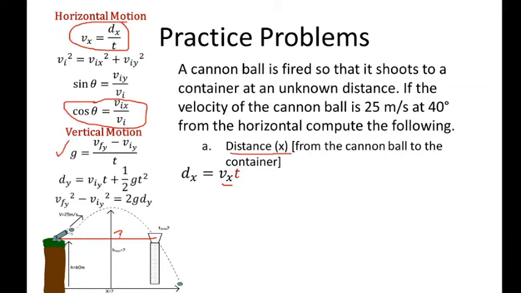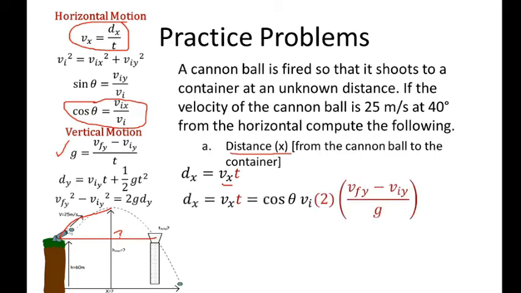However, the time you get from here is only from the starting point to the highest point. So you need to multiply your answer for time by 2, so that you are actually getting the time it took for the cannonball to travel the first half and the second half of its travel.